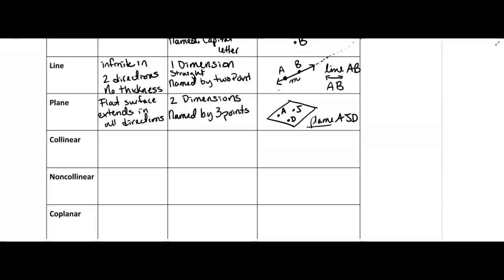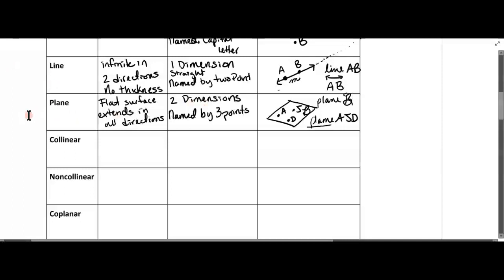Sometimes you'll see a plane labeled with a single capital cursive letter. So I might do a nice cursive B. But that can be a little bit tricky. There won't be a point there, but I could also say plane B. So if you ever wondered why cursive versus printing is important, it's important in geometry.